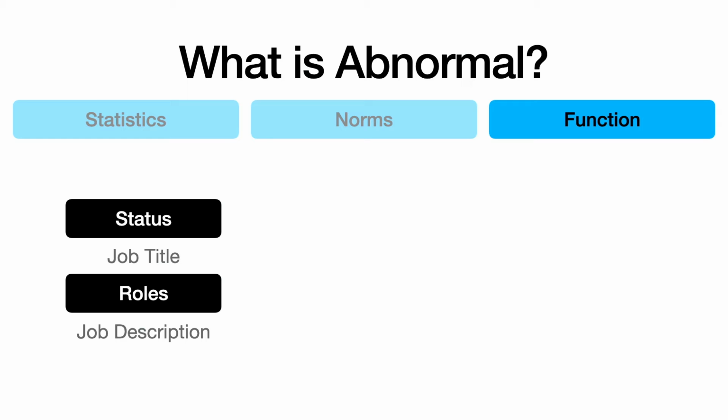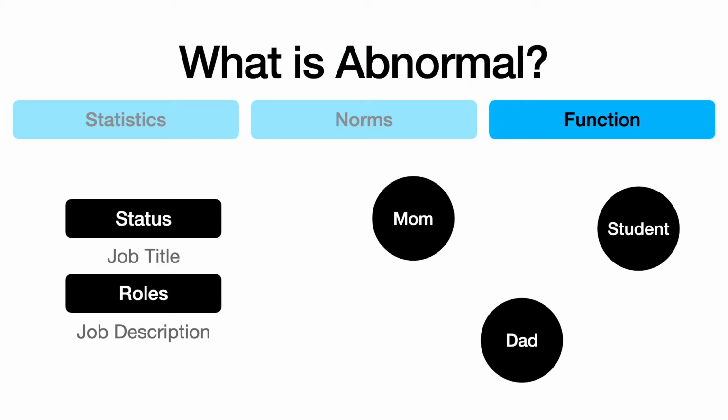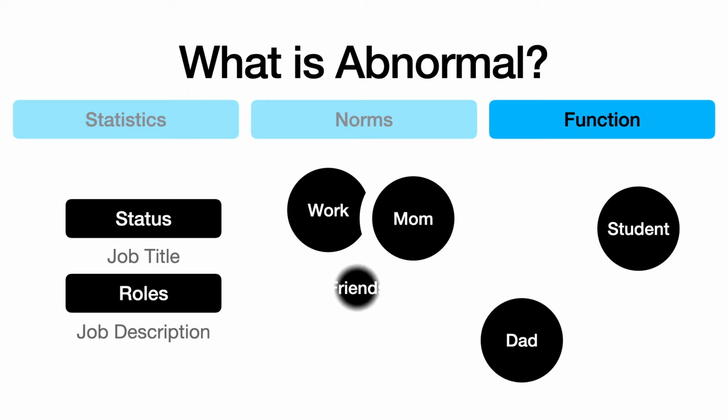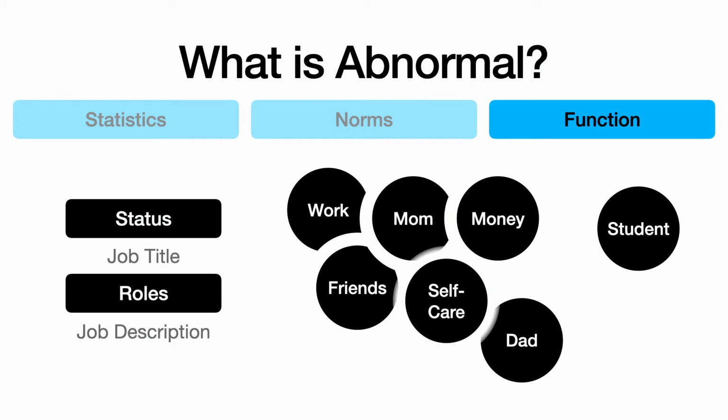And the question is the behavior that you have interfering with your ability to do the job that you have, the various functions that you have? You could be a mom, dad, a student, work, your role with friends, managing money, taking care of yourself, even your own personal safety.